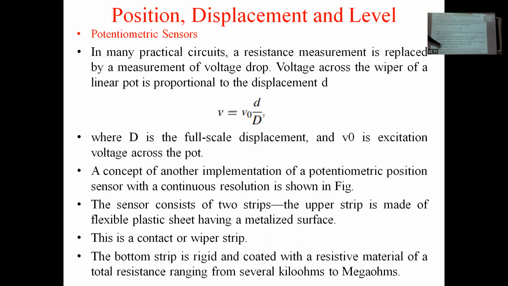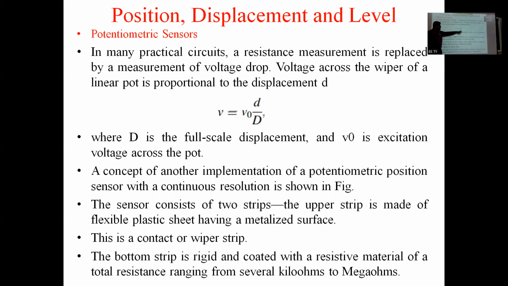So here the voltage equation is given according to this resistance equation. Voltage across the wiper of the linear coil is proportional to the displacement d, where the voltage is V0 times d divided by D, with V0 the initial voltage, because we are providing an external source, and d is the distance or change in length.